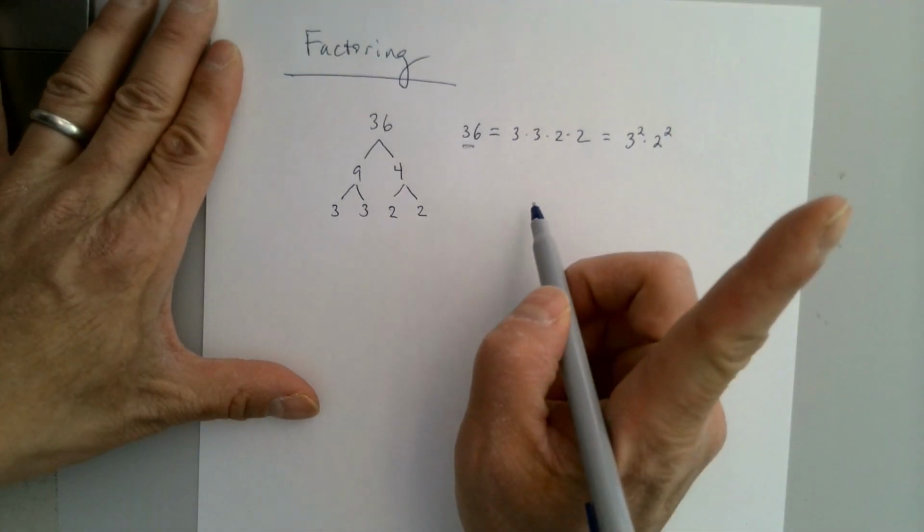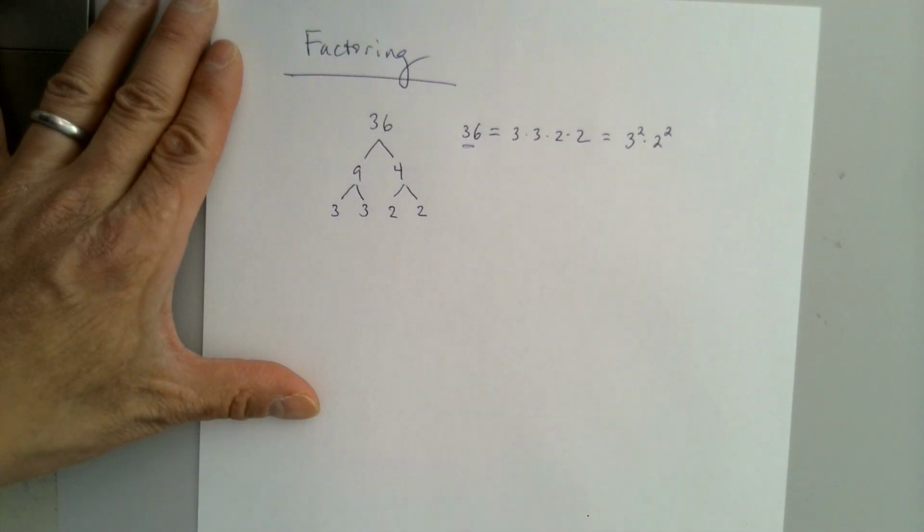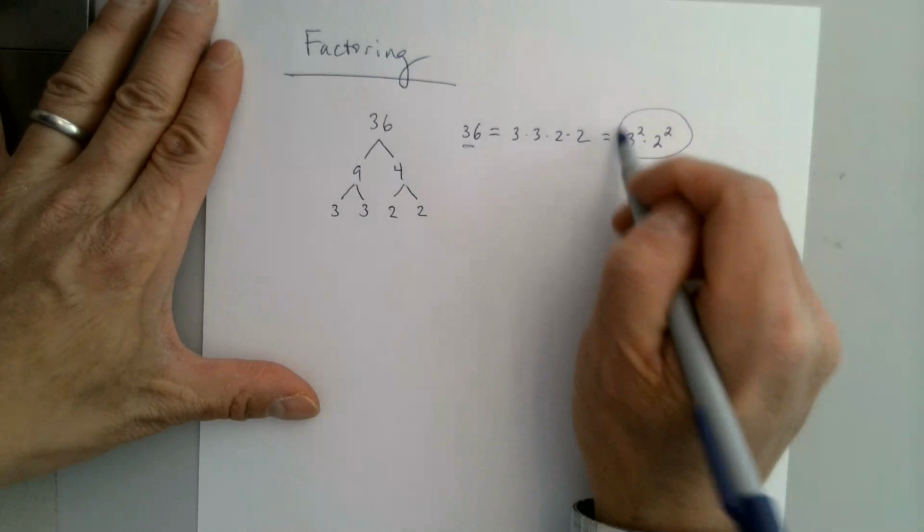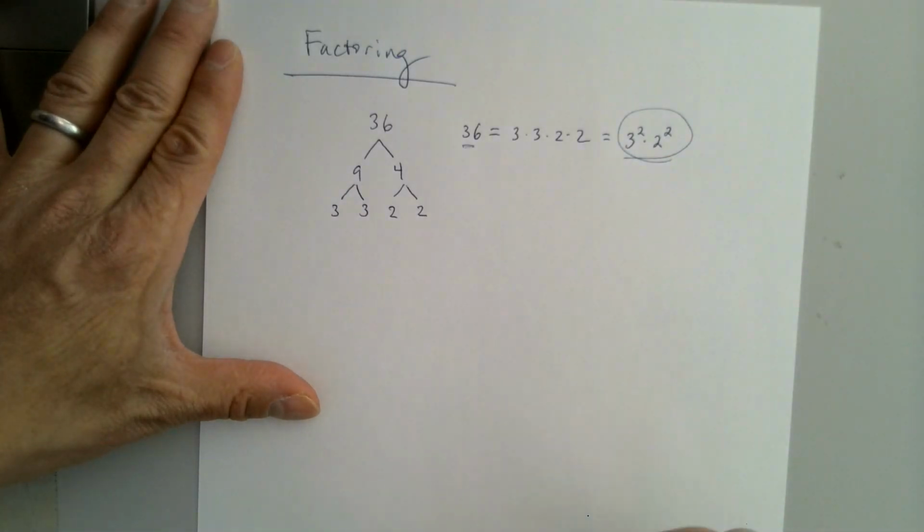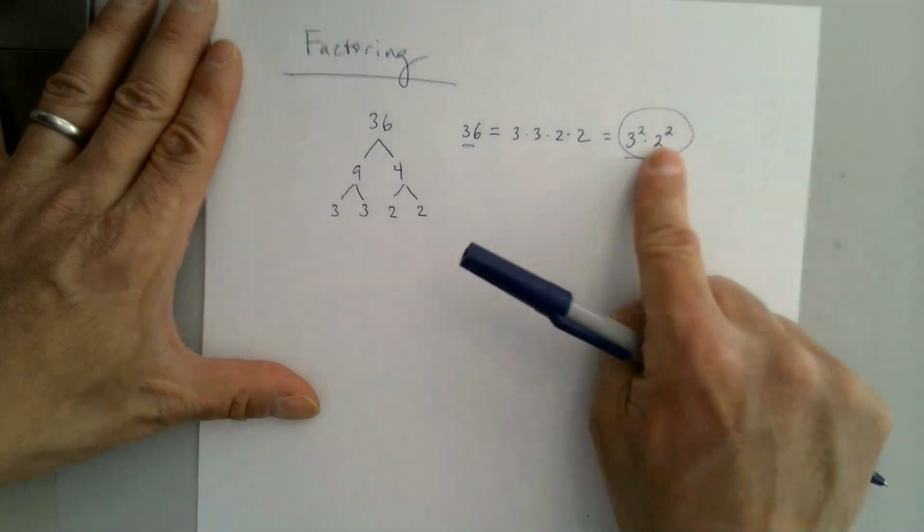The DNA, what makes up 36, the essence of 36, is this product: the product of 3, 3, 2, and 2. That is the essence of 36. If you break it down to its molecular foundation, that's what it is.